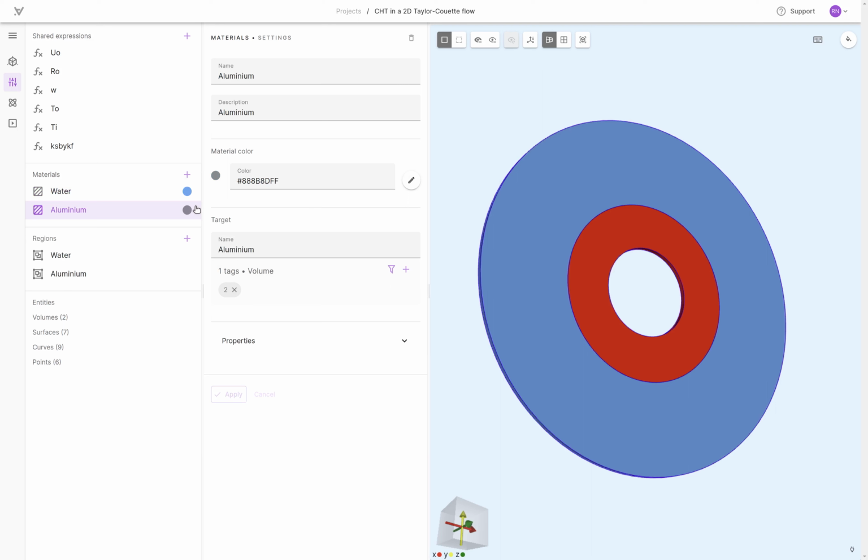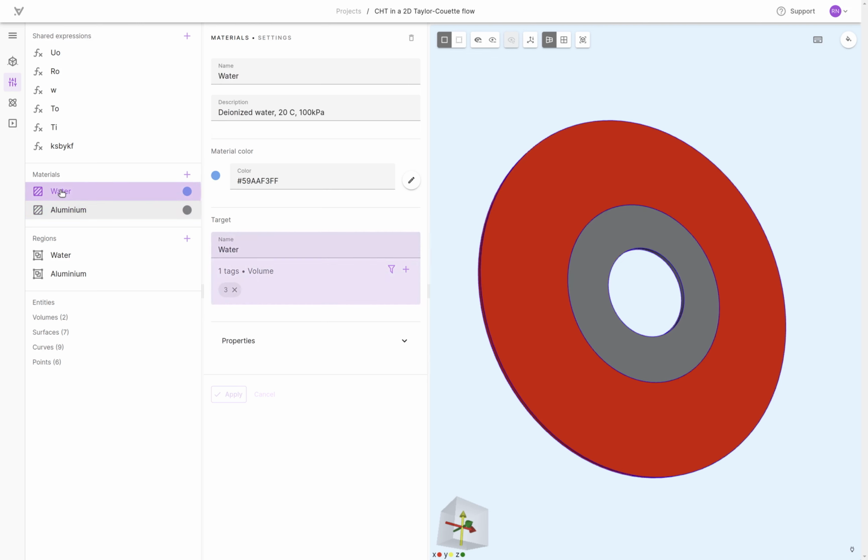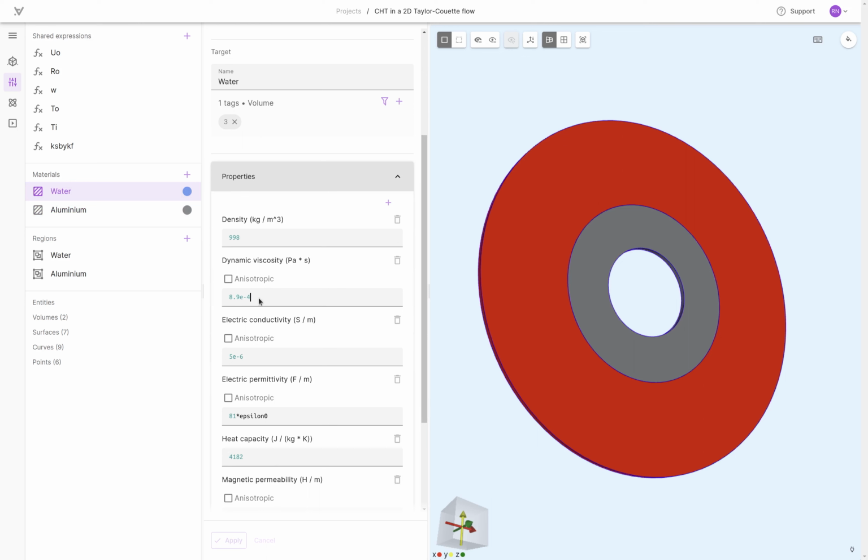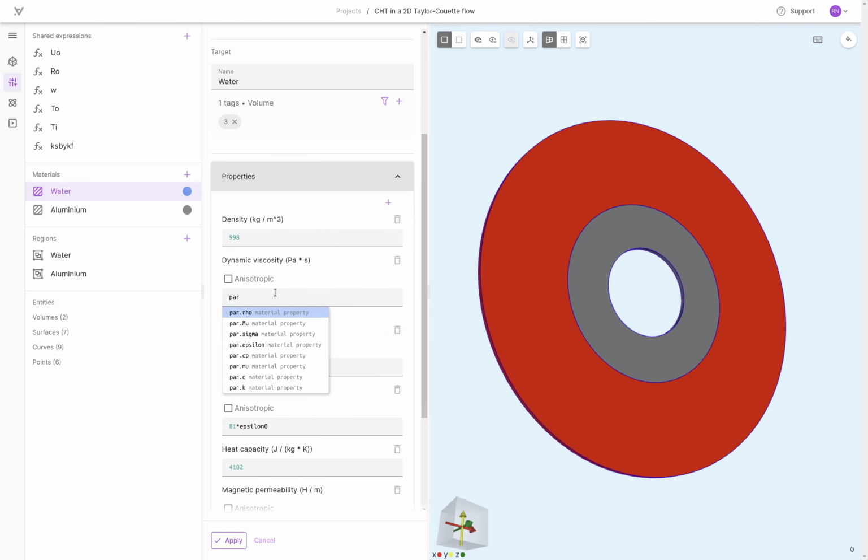We need to perform some modification on the material properties, since the Taylor-Couette flow is applicable for viscous fluids. So we change the dynamic viscosity of the water accordingly. We set this equal to the water density times 1.0. Here the 1.0 indicates the high kinematic viscosity value.